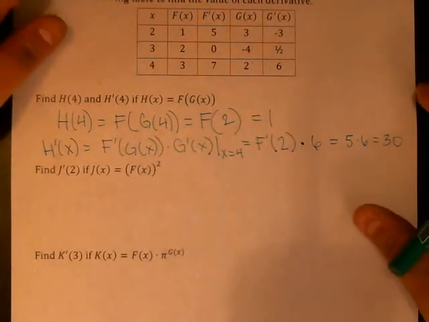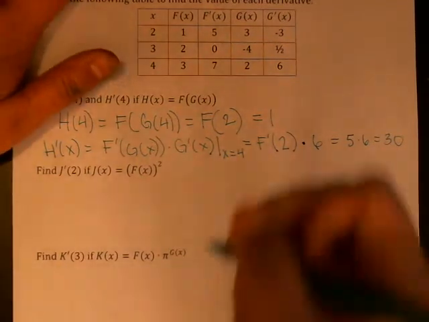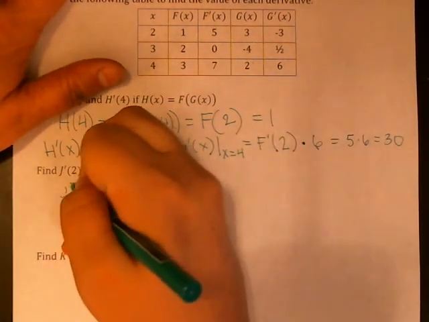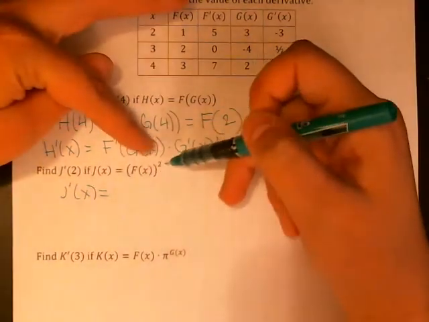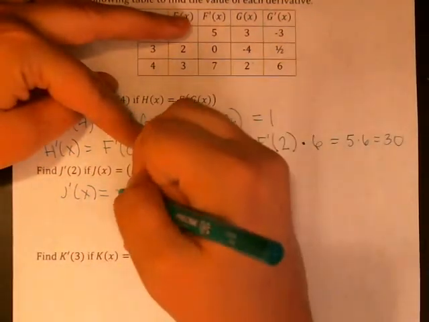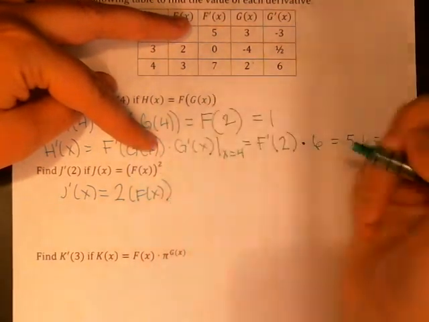Okay, next one, we're supposed to find j prime of 2 if j is equal to f of x squared. So I would say, first I need to figure out the derivative. Okay, so this is function squared, which means its derivative should be 2 times the function raised to the first power.